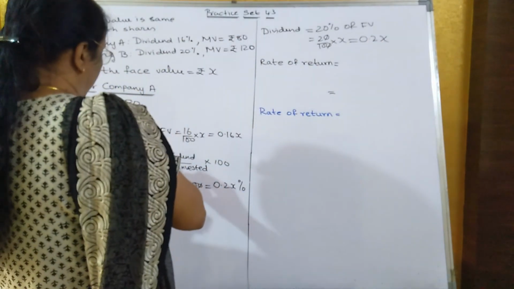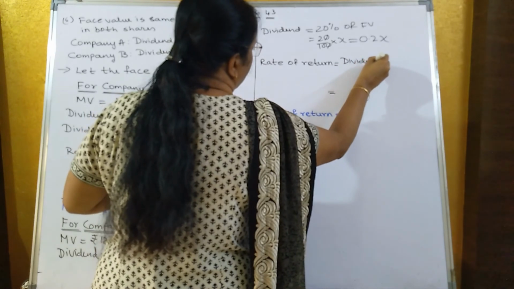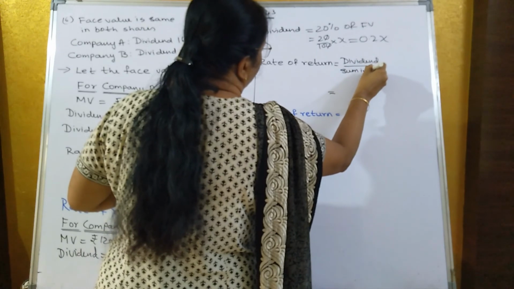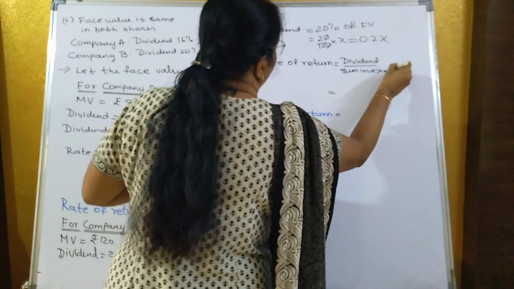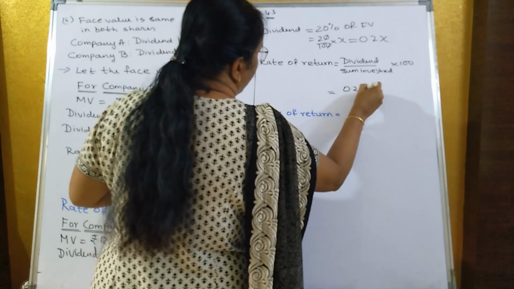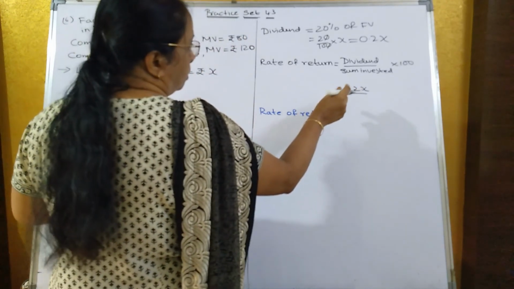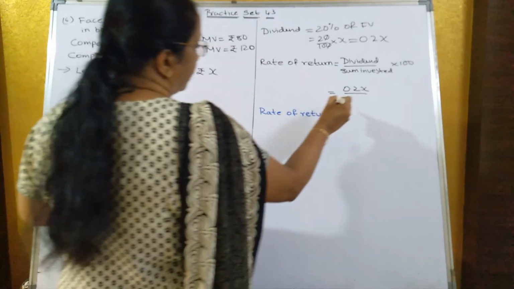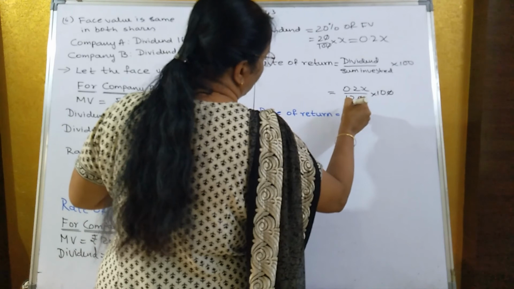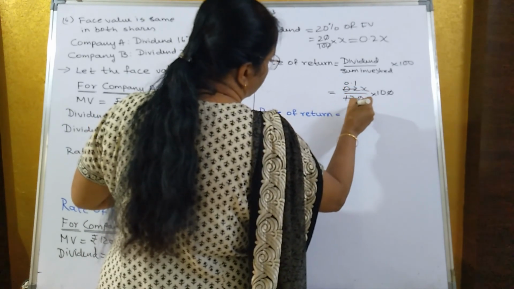Now rate of return is equal to dividend upon sum invested into 100. So dividend is 0.2x upon sum invested, which is 120 into 100. One 0 will go away, so 0.2x upon 12, that is 0.1x upon 6.